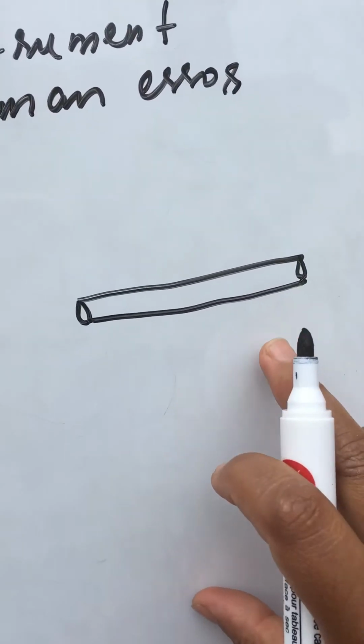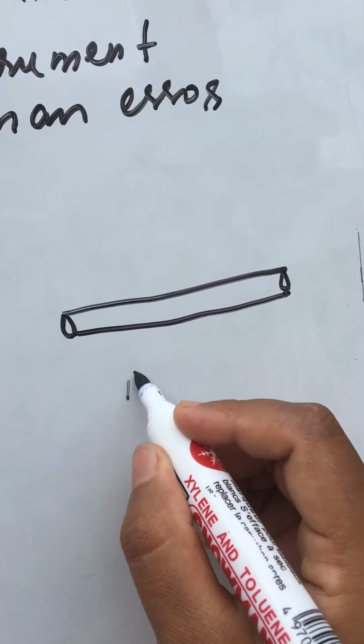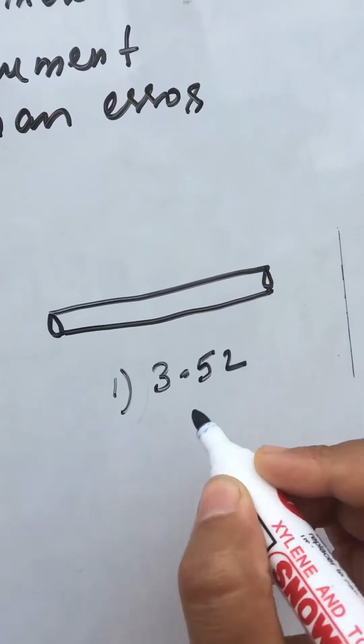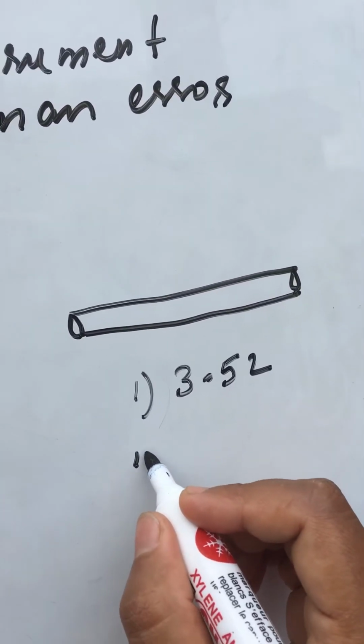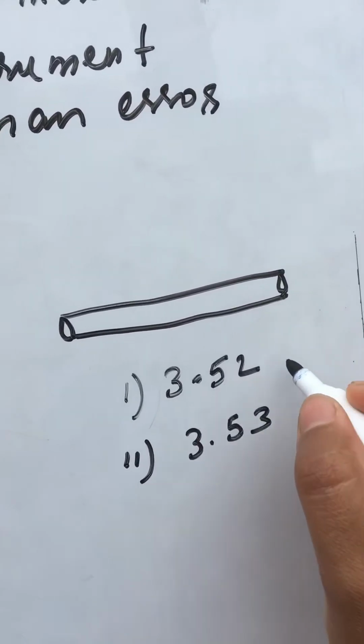You measured it 3 times. The first time it was 3.52, the next time, let's say, 3.53 centimeters.